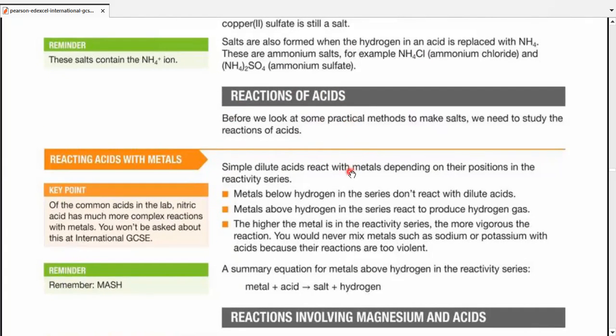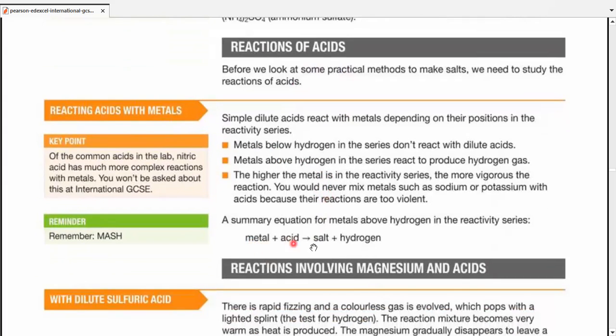Reactions of acids. Before we look at some practical methods to make salts, we need to understand reactions of acids. Acids can react with metals. Remember, when an acid reacts with a metal, it forms a salt and hydrogen. Metals below hydrogen in the reactivity series do not react with dilute acids. Metals above hydrogen in the series react to produce hydrogen gas and a salt.